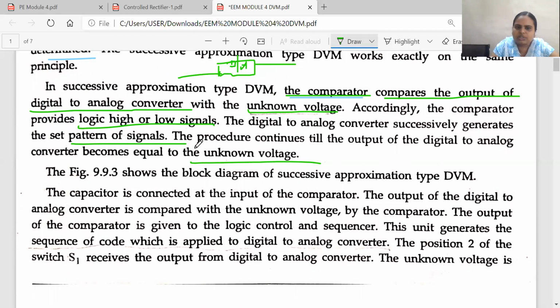The procedure continues till the output of the digital to analog converter becomes equal to the unknown voltage. It means zeros and ones are converted to 5 volts or other values, depending on what you are going for. That is done by using this.